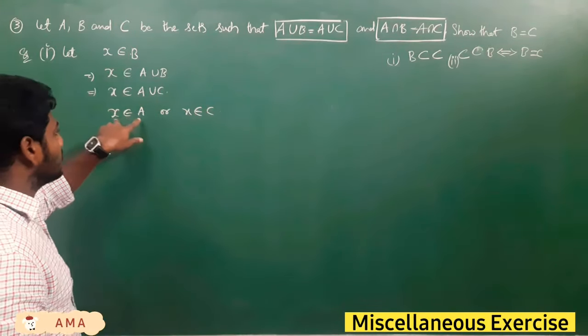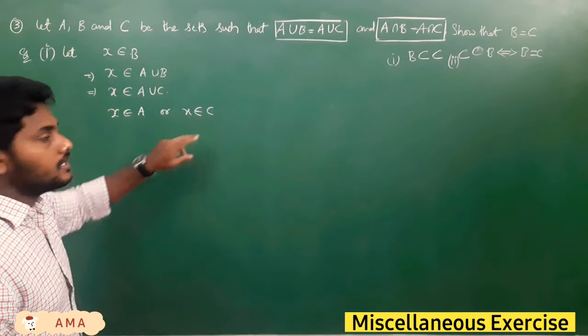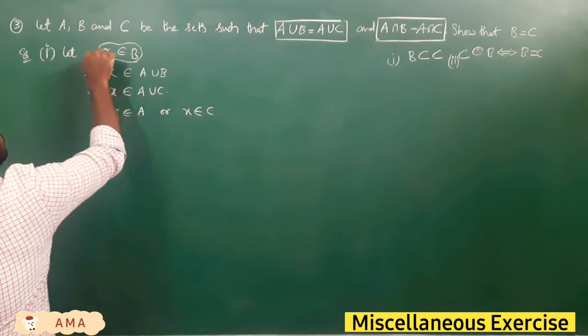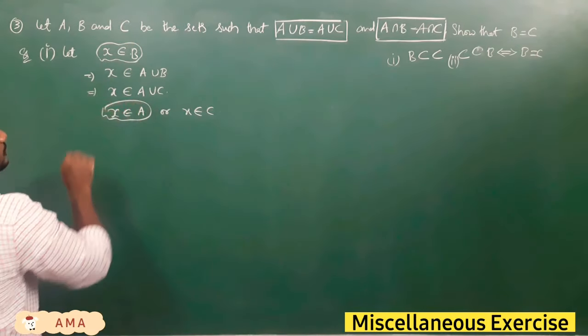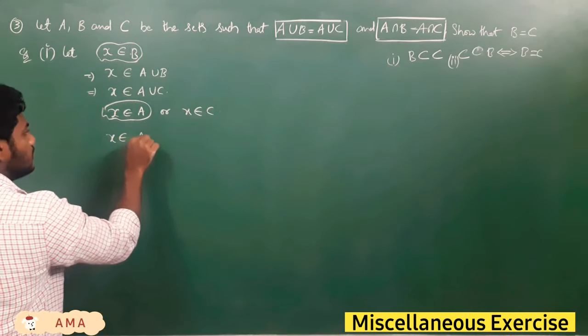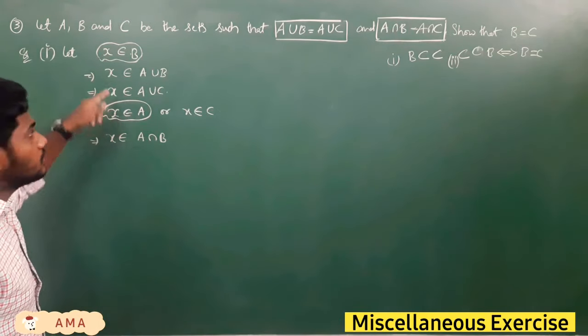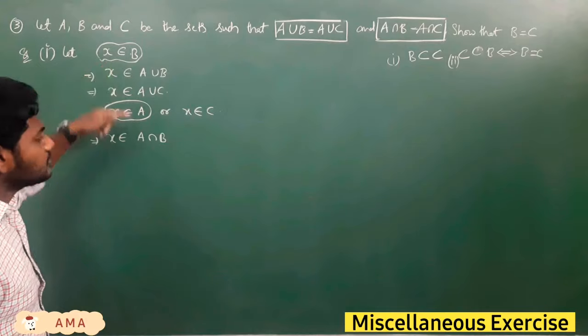Union means either x belongs to A or x belongs to C.